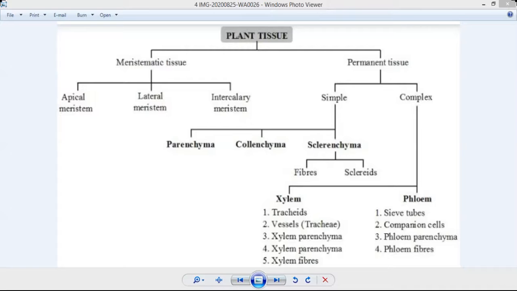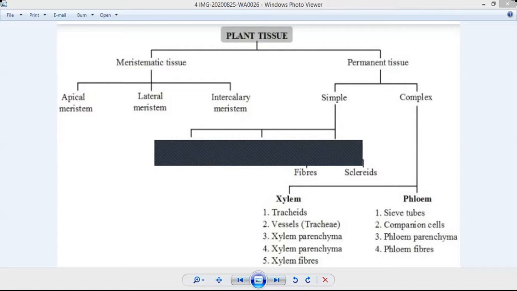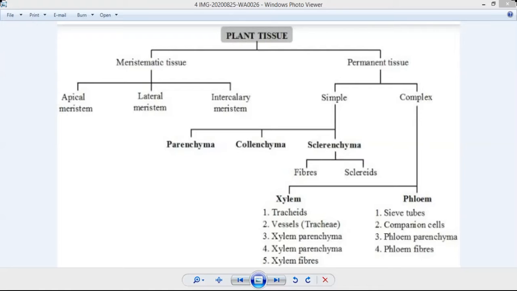Then next is the permanent tissue. The permanent tissue is also divided into two, that is simple tissue and complex tissue. Simple tissue is again divided into three, that is parenchyma, collenchyma and sclerenchyma.